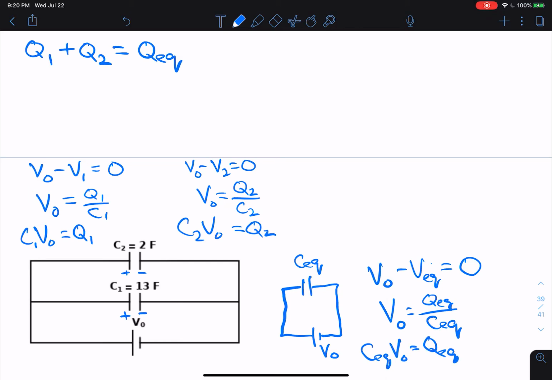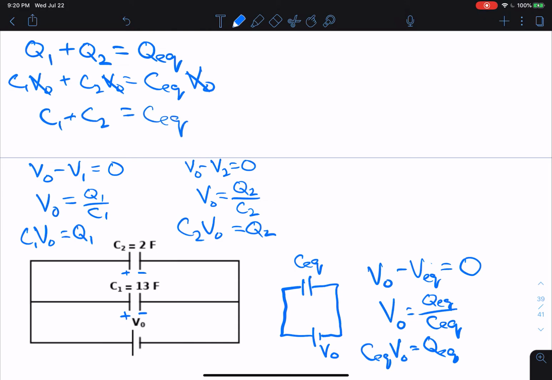And so if I take these and I plug them into this formula I've got up here, I get C1 V naught plus C2 V naught equals CEQ V naught. The V naughts all cancel, and I get C1 plus C2 equals CEQ. And you might already know that as the general formula for capacitors connected in parallel.